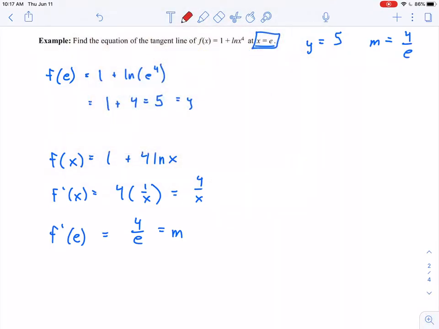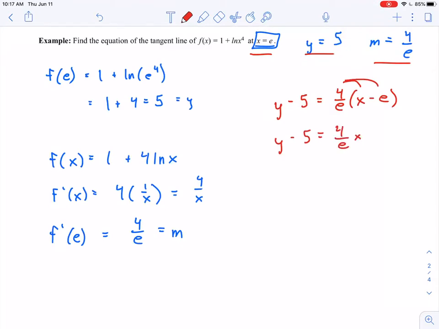At this point, we have our x value, we have our y value, we have our slope. We've got everything we need, so we can go ahead and write the equation of our tangent line. y minus my y coordinate, 5, equals m, that's 4 over e, times x minus my x coordinate, e. We can solve this for y pretty quickly if we distribute 4 over e. y minus 5 equals 4 over e times x.